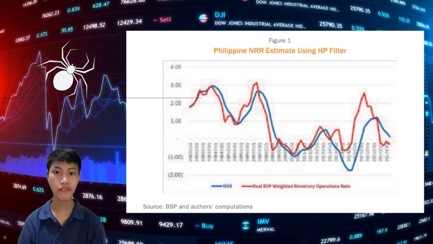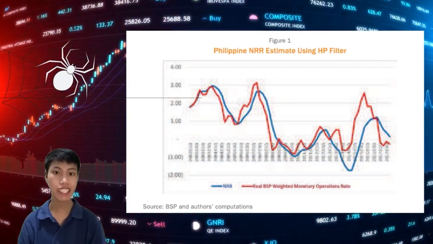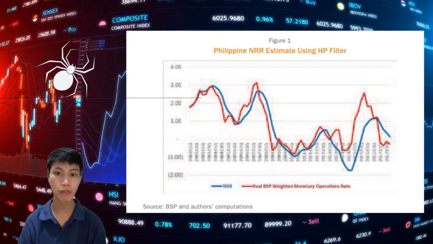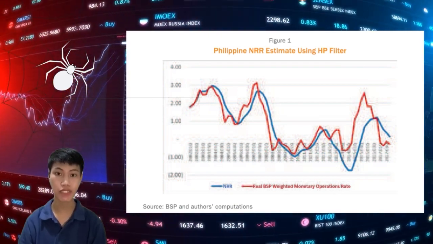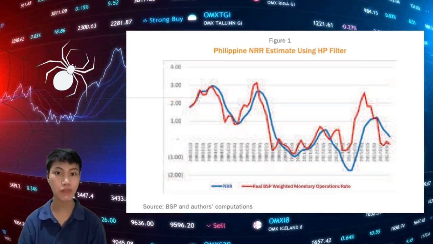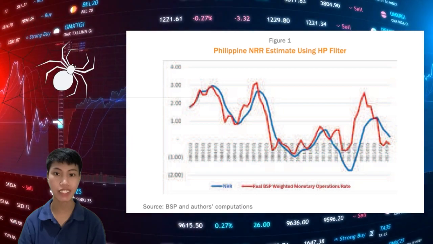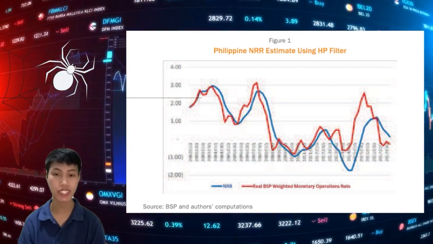As you can see, Figure 1 indicates that the NRR for the Philippines is decreasing using the Hodrick-Prescott filter, with some periods showing negative interest rates. According to the IMF, some are tied with the global financial crisis, while others are associated with structural changes.